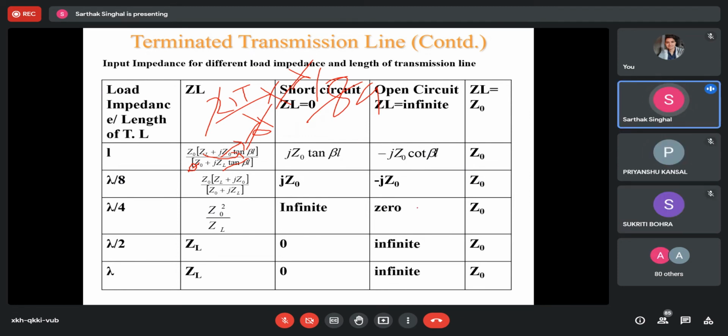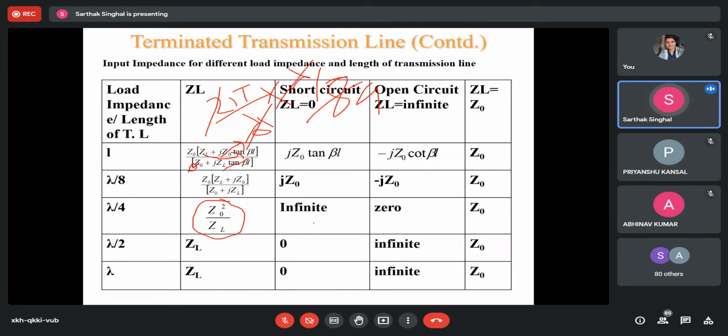But now see the difference. For a short circuit, what will be the input impedance? If ZL is 0, what will be the value of the input impedance? It will be infinite.